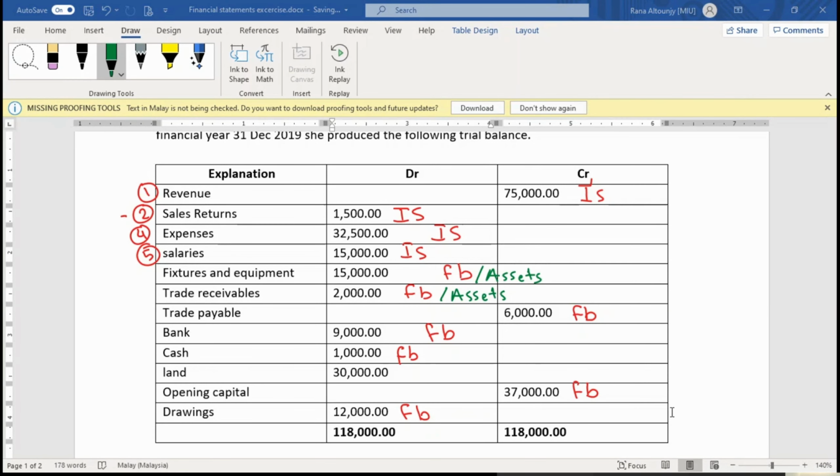We go to trade payable. Is it asset, owner's equity, or liability? Trade payable: asset, equity, or liability? Liability.